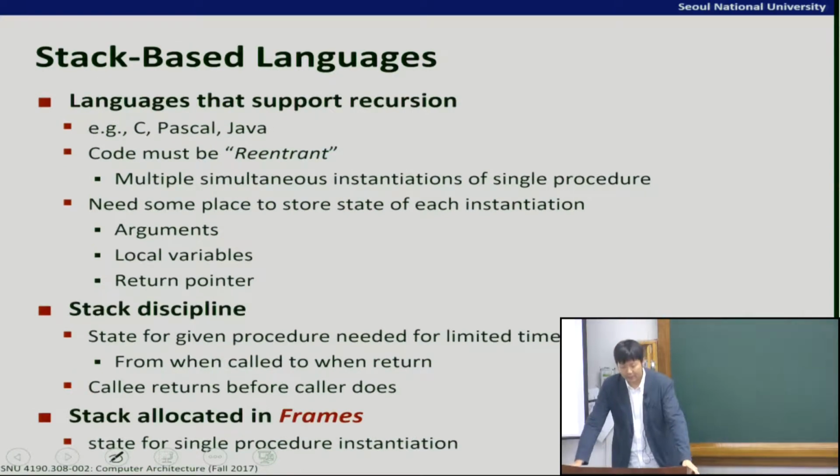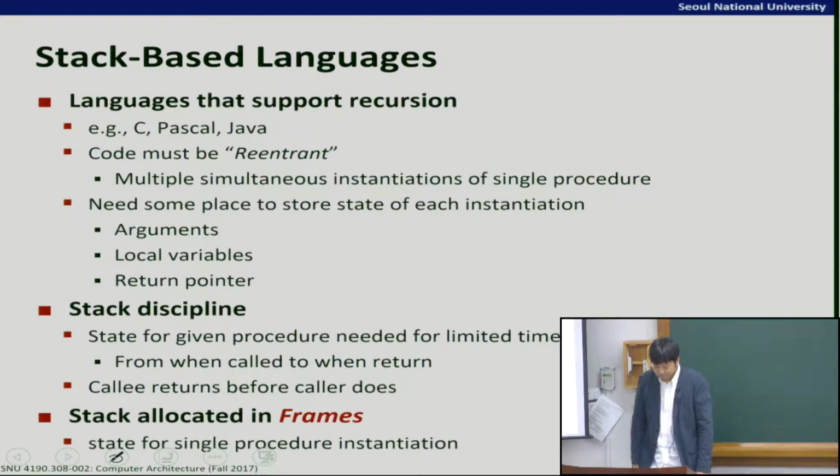There are stack-based languages which support recursion. Do you know what recursion is? Recursive call, recursive function, you know this, right? A recursive call means a function that can call itself. A good example is the Fibonacci sequence, or Tower of Hanoi, a classic example of a recursive function call.